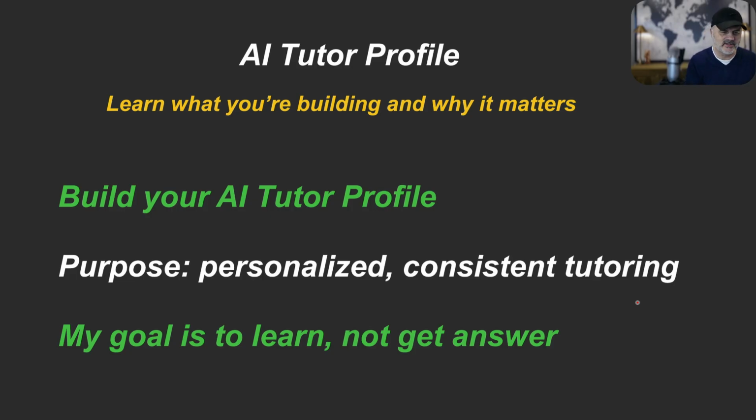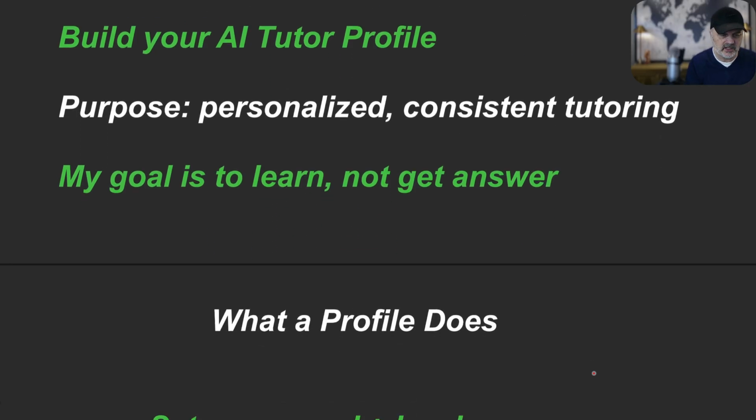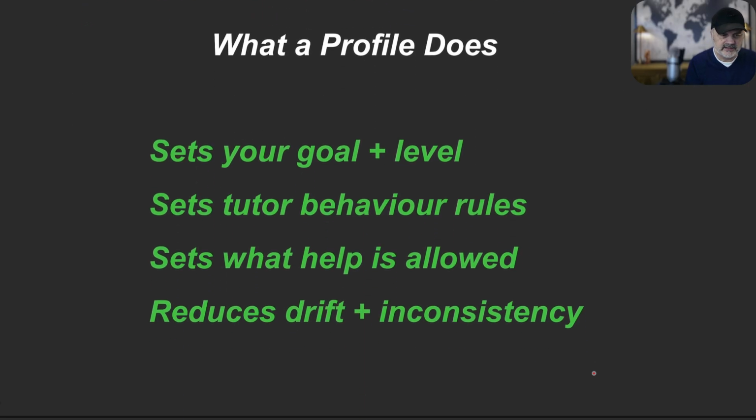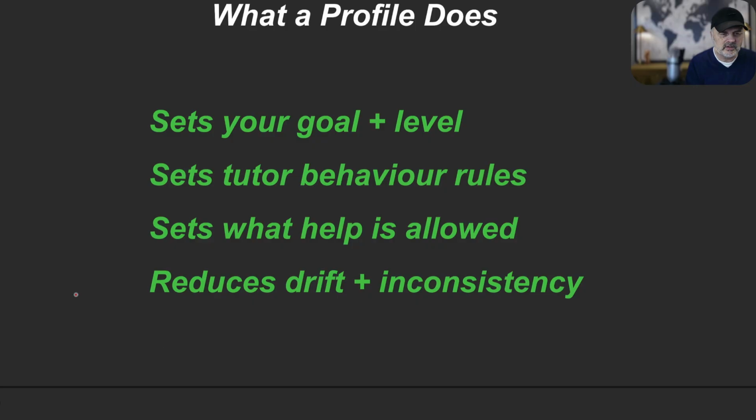All right. So your goal is to learn, not to get answers, right? If you really appreciate that, instead of just looking for the fastest answer possible, then you're truly engaging in learning. So what the profile does is set your goals and match your level of learning. You set the tutor behavior rules, the rules that we would follow.